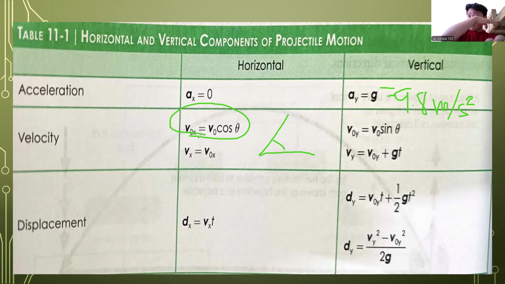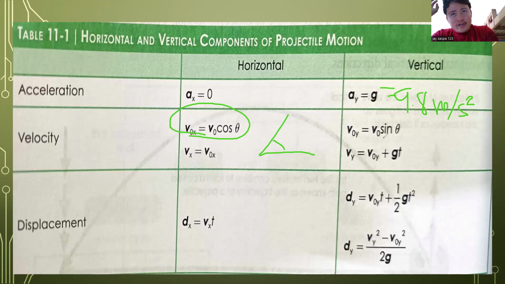So it goes like this, horizontal, and it has a connection with its angle. That is why we're going to use cosine. And take note that it connects with your math topic about SOHCAHTOA.